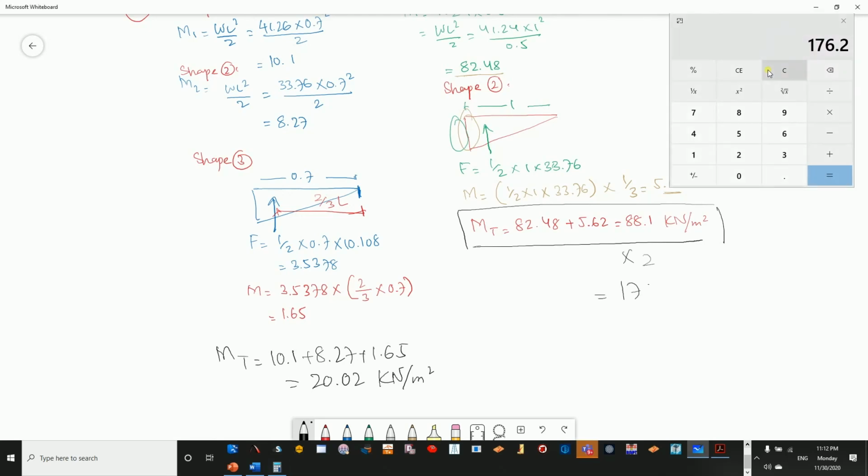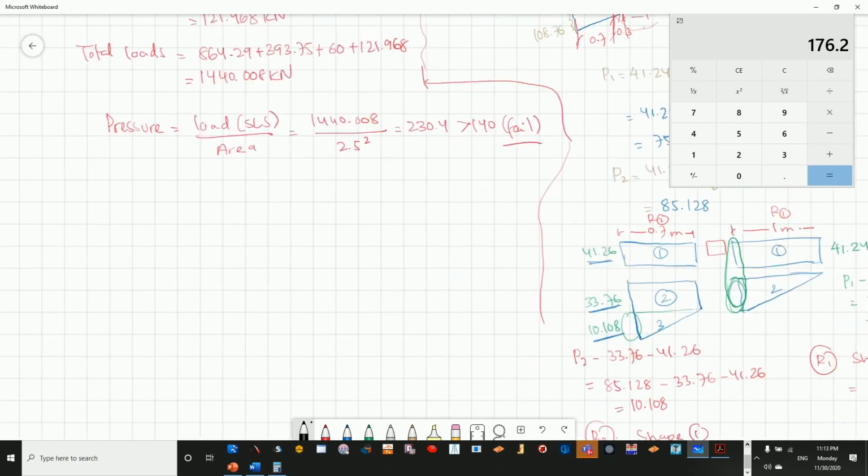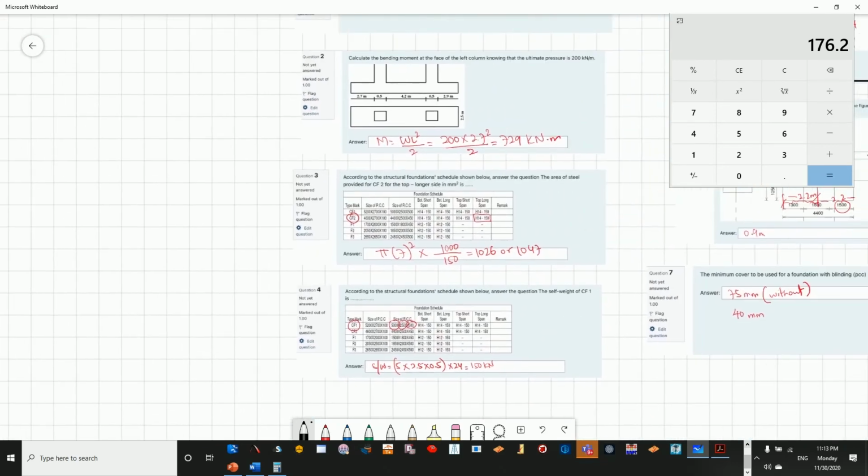That's going to be 176.2 kilonewton. To be frank, this is going to be kilonewton meter per meter length, and this is going to be kilonewton meter.